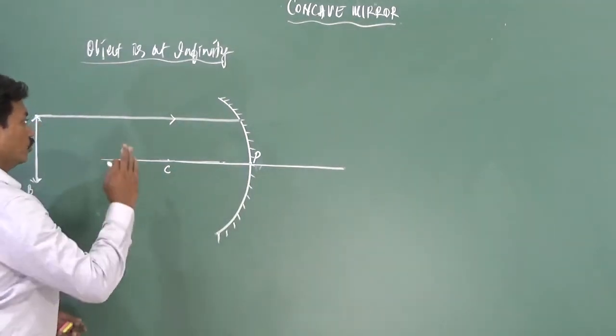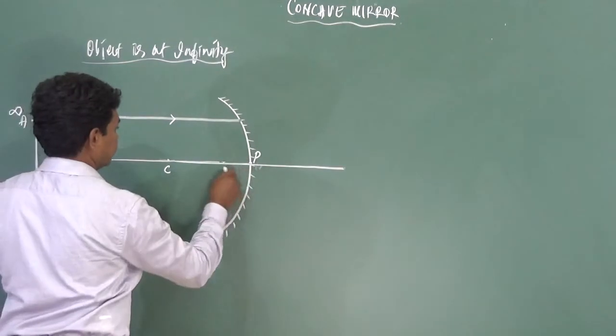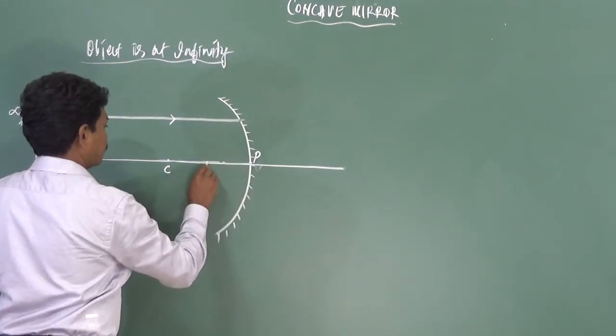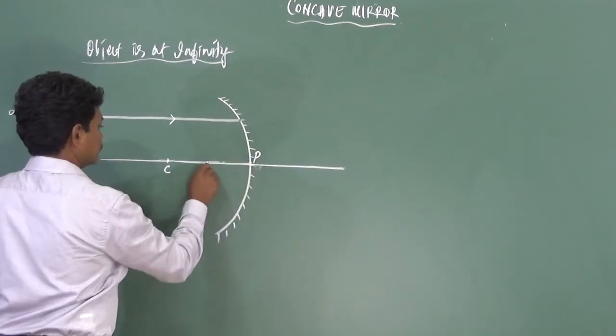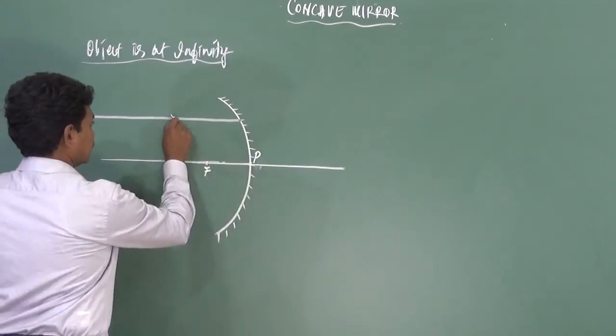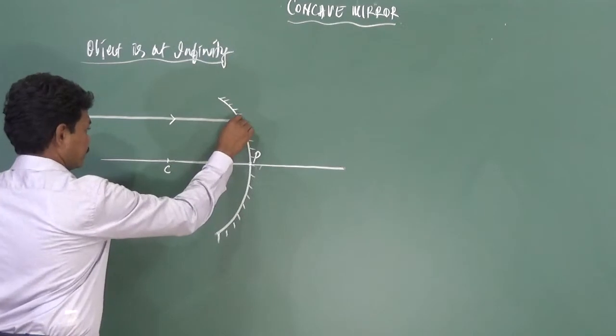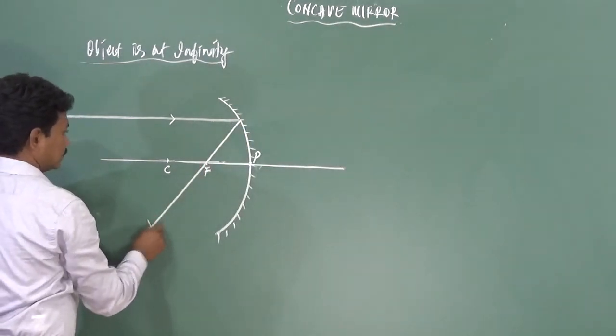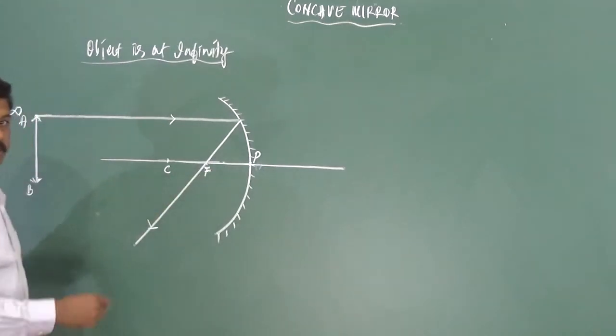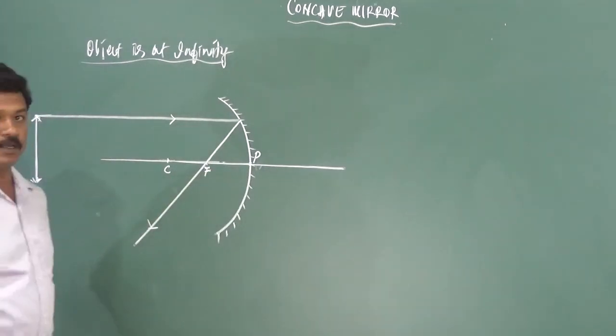Now, where to locate the principal focus? Very simple. Locate it at the exact midpoint of the center of curvature and the pole of the mirror. So this is the principal focus. The light ray after reflection from the mirror passes through the principal focus according to rule 1.